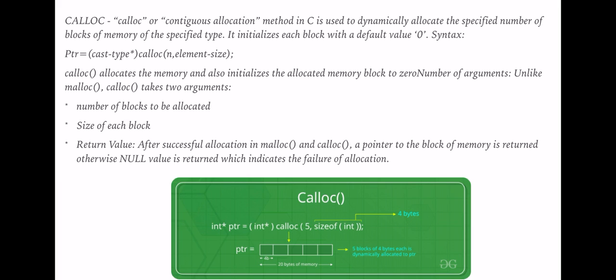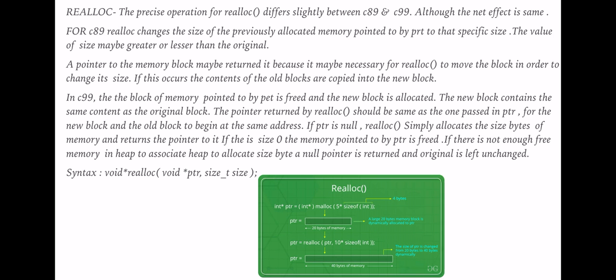Next is realloc. Realloc means reallocation. The precise operation for realloc differs between two different versions of C, which are C89 and C99. Although the net effect of the operation is the same, realloc should only be used for dynamic memory. If the memory is not dynamically allocated, the behavior is undefined. In the C89 version of C, realloc changes the size of previously allocated memory pointed to by the variable to the specified size.